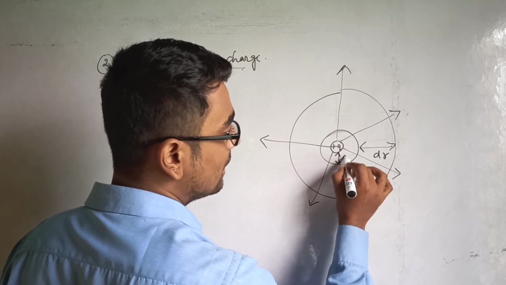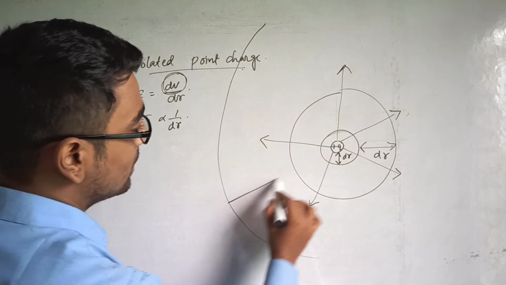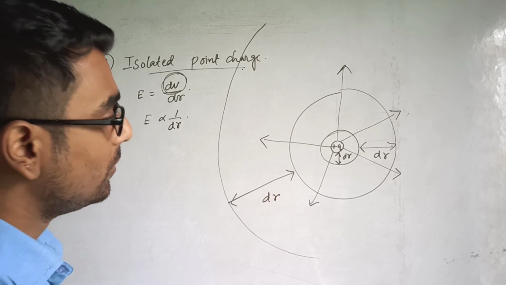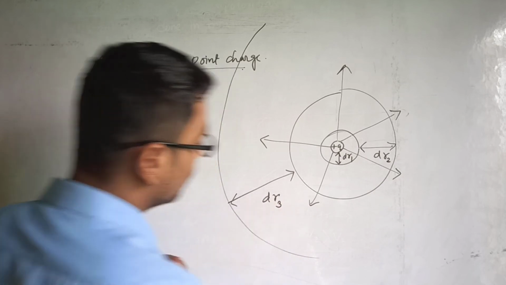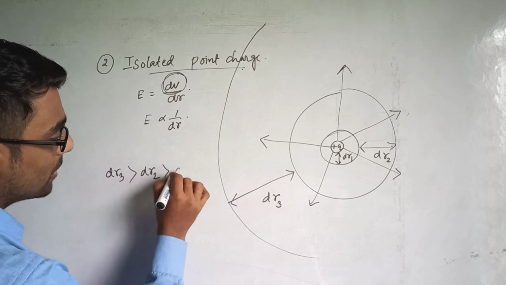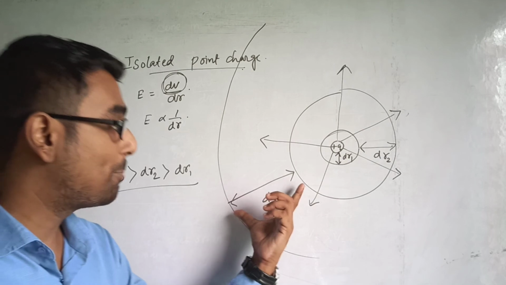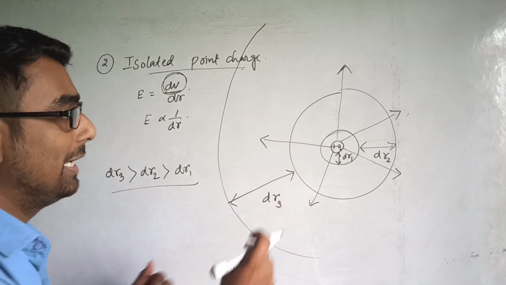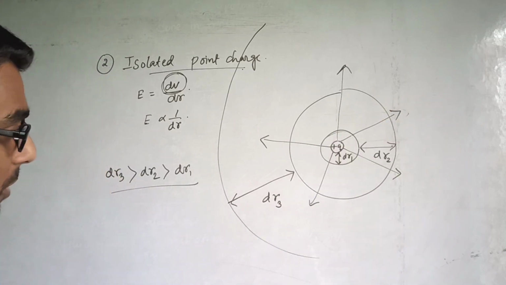Here you can see dr is increasing. If we take dr1, dr2, dr3, we can write dr3 much greater than dr2, much greater than dr1. That means the gap between two consecutive equipotential surfaces will increase as we move further from the charge.